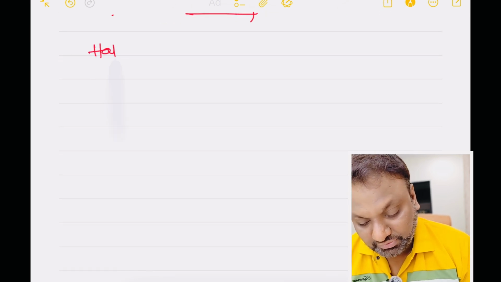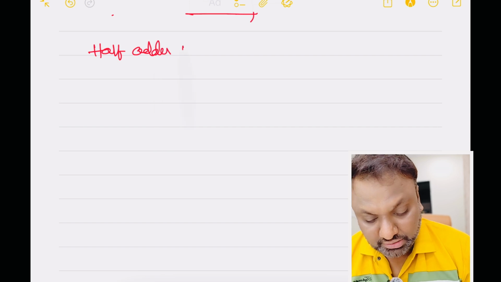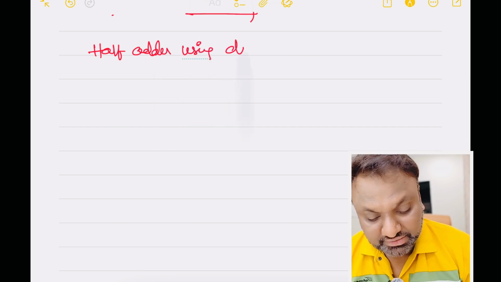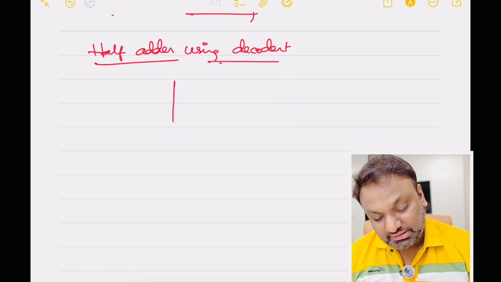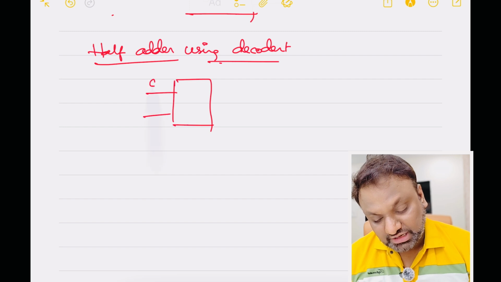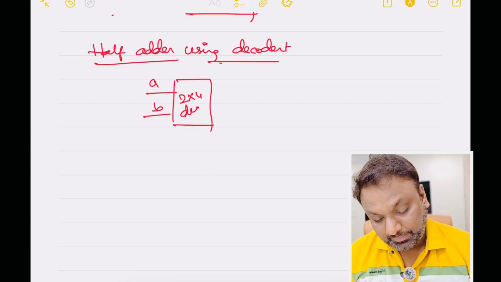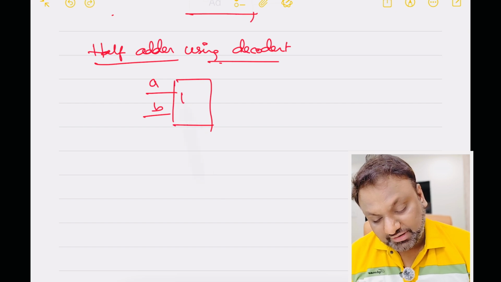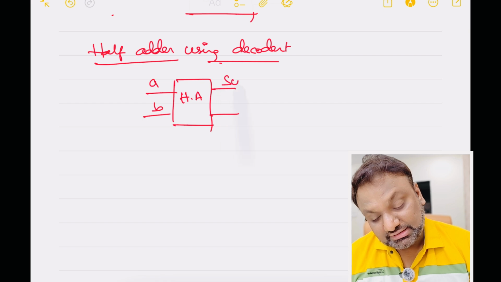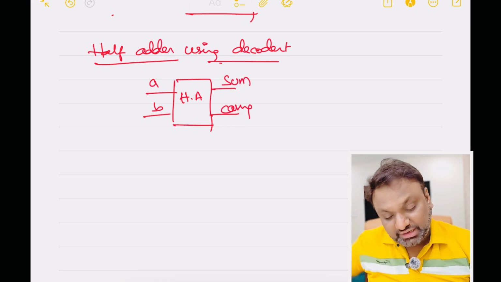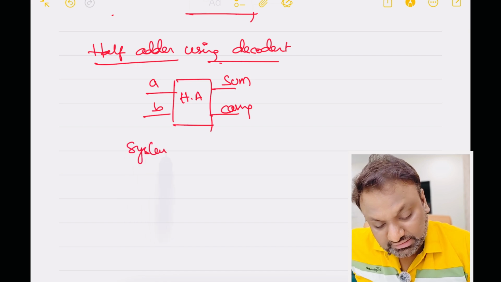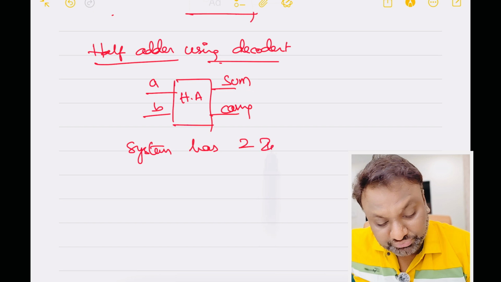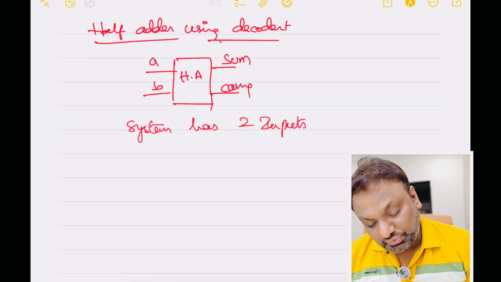Similarly, suppose you wanted to implement a half adder using decoder. Now what is half adder? Half adder is nothing but, you see here, I have two inputs A and B, and two outputs, sum and carry, right? So my system has two inputs, so I will be using a 2 to 4 decoder.